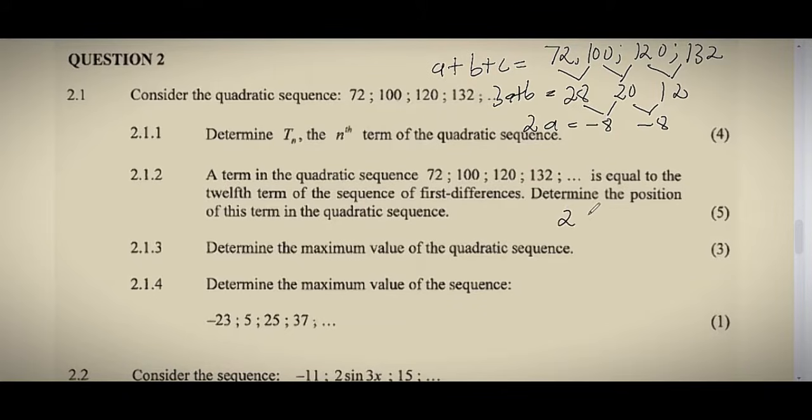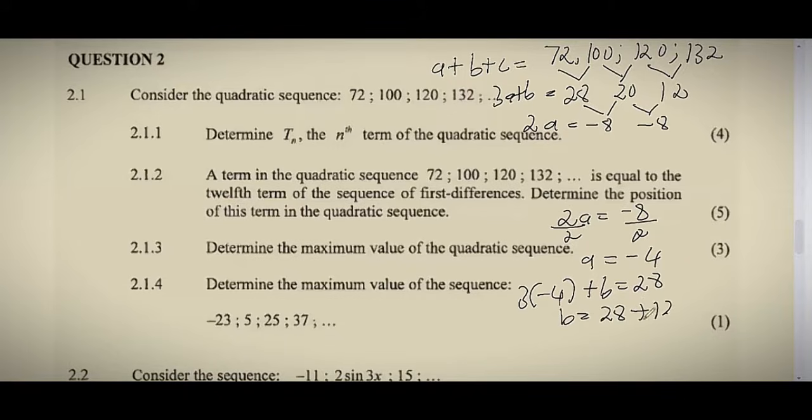Then to find the value of a, let's just divide both sides by 2 here. So our a is equal to negative 4. To find the value for b, that's 3 times negative 4, then plus b is equal to 28. So b is 28, then plus 12, so b is equal to 40, right?